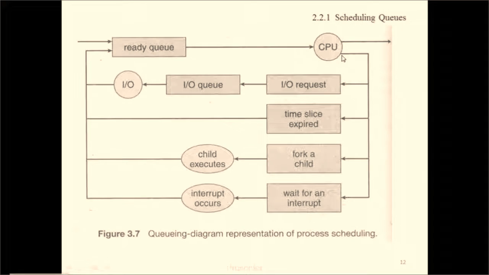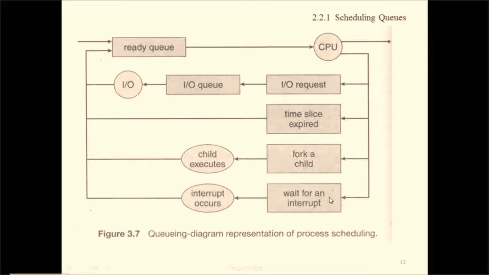The process, before it proceeds, has to wait for a certain thing to occur. And the occurrence of that event will be communicated to this process through an interrupt. So it is as good as to say that from running, it might go into a waiting state for an interrupt. Okay?